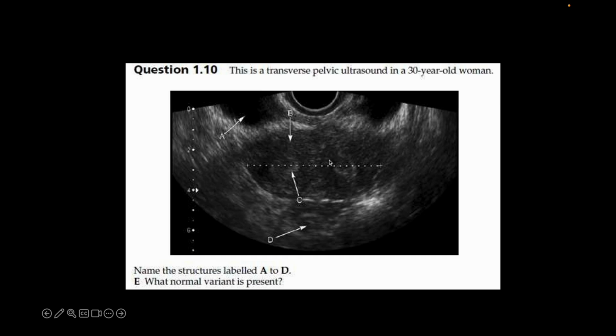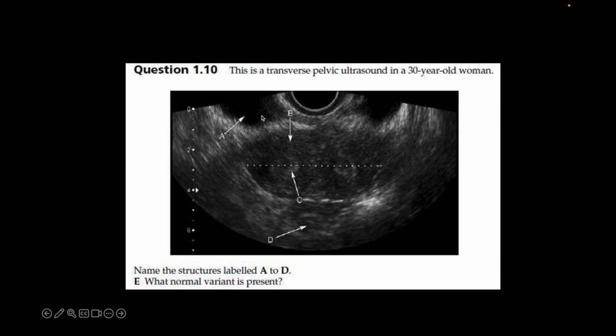So this is an axial view. You've got to think of this like an axial CT through the pelvis. This is the uterus here. This is anterior, this is posterior. Because this is the uterus, the myometrium is the outside of the uterus. C is the rectum, D is the rectum, back here, because this is an axial.